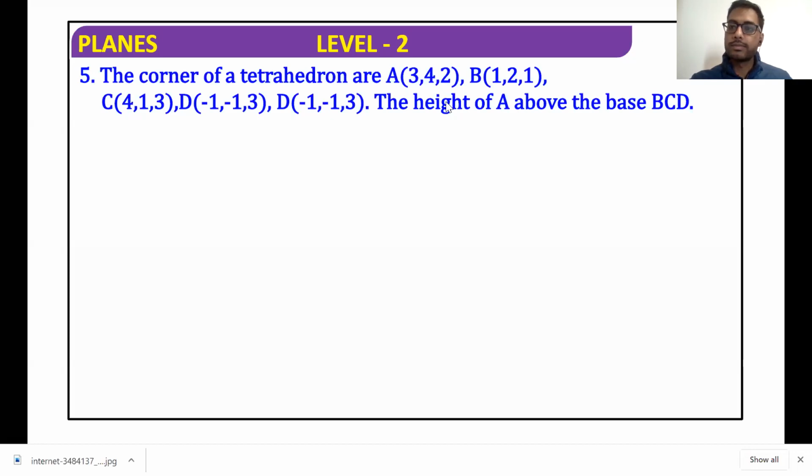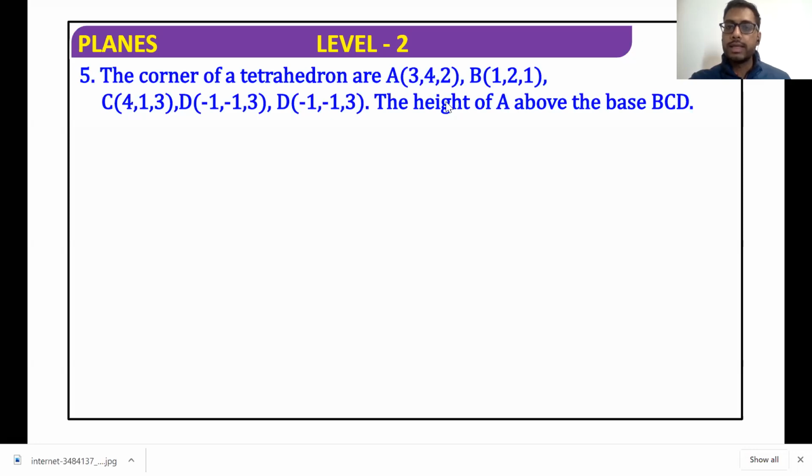The first value that we are going to need is the coordinate or the point x1, y1, z1. Here the point A is 3, 4, 2. And from this point 3, 4, 2, you have to find the length to the plane BCD. We don't have the equation of the plane BCD. So first we'll need to find out equation of plane BCD.